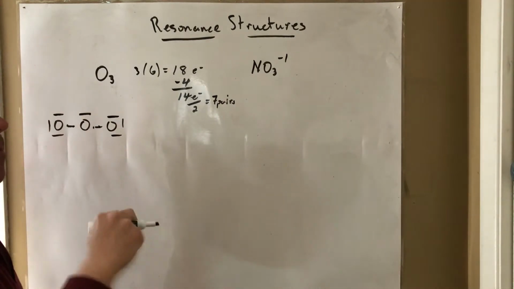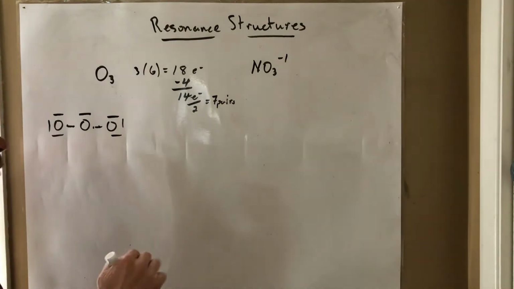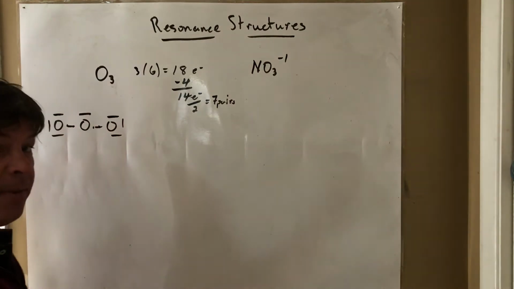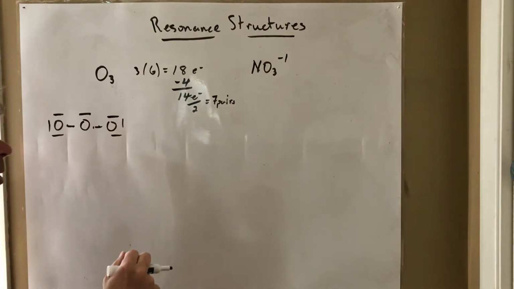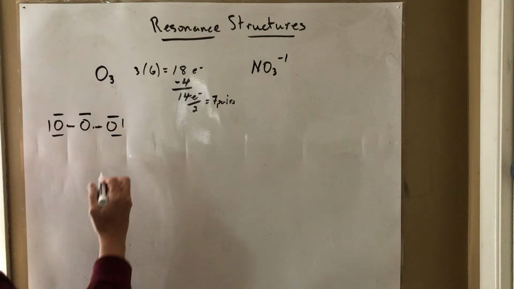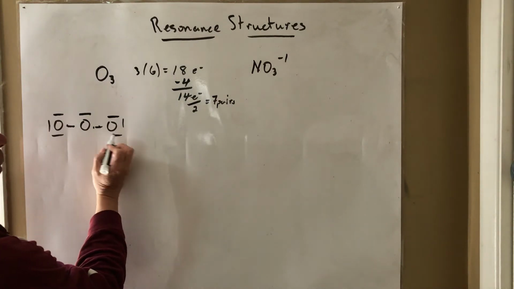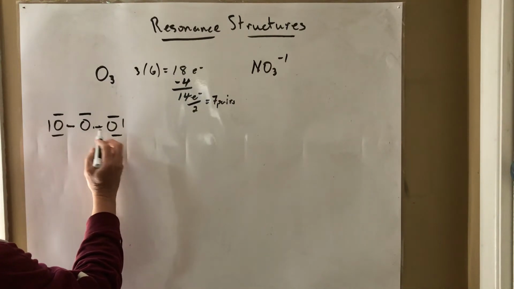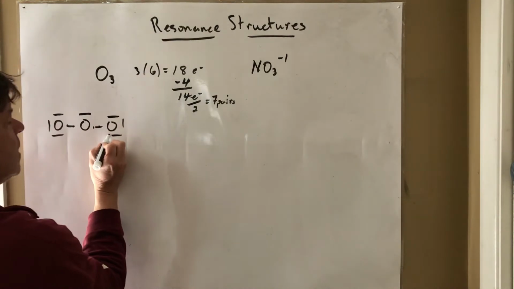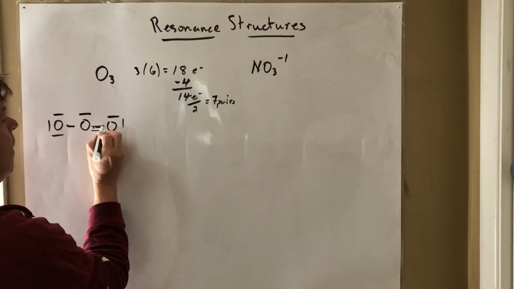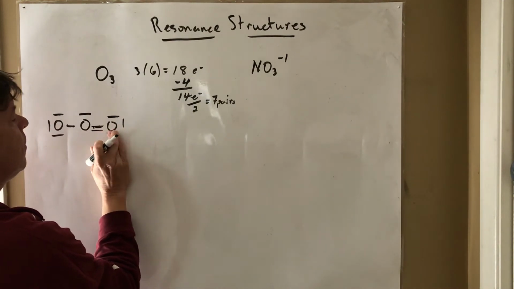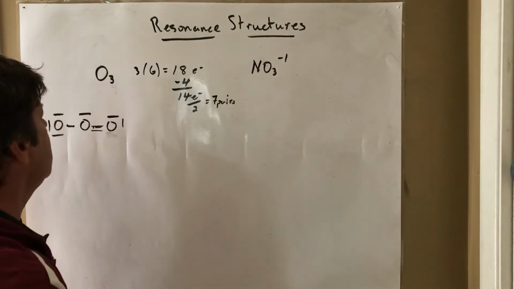Remember what we do. This doesn't have a charge, so we can't add valence electrons. We only have 18 to work with, and we use them all. What we can do is slide 2 in between, so these 2 electrons count for both atoms. Let's do this little slide. All right, now we have a double bond. So that's ozone.